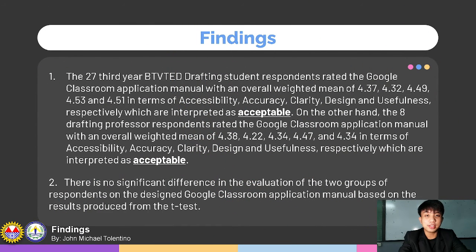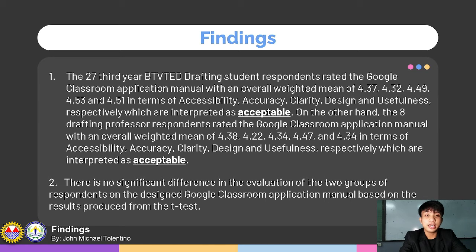For the findings of the study, the 27 3rd year BTVTED drafting student respondents rated the Google Classroom application manual with an overall weighted mean of 4.37, 4.32, 4.49, 4.53, and 4.51 in terms of accessibility, accuracy, clarity, design, and usefulness, respectively, which are interpreted as acceptable.